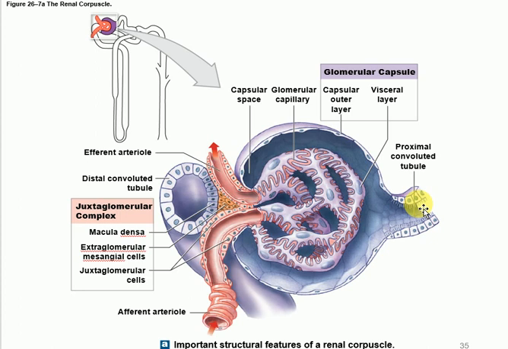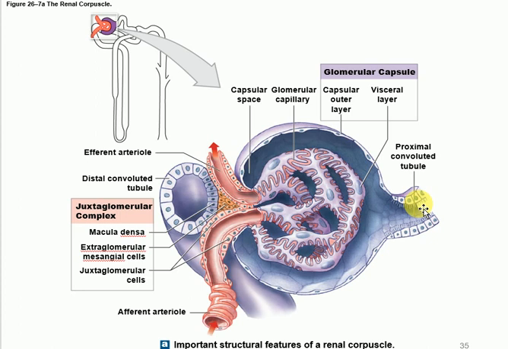All right? This has two parts. You see this? This belongs to what? These thick cells belong to what? Afferent. Yes, this is part. And these cells belong to distal. Yes, these are the two components of the juxtaglomerular apparatus.